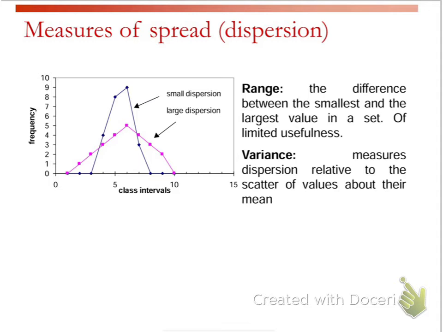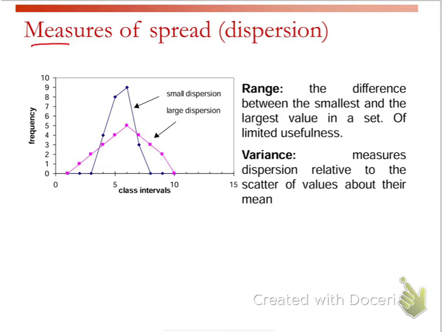In this slide, we will talk about the measures of spread. Whether our data is spread out over a long distance, very spread out, or it is very concentrated or focused in a small area. We can see that this data is very closely clustered, most of the data are together, compared to the other sample.